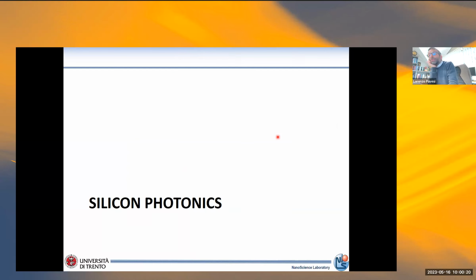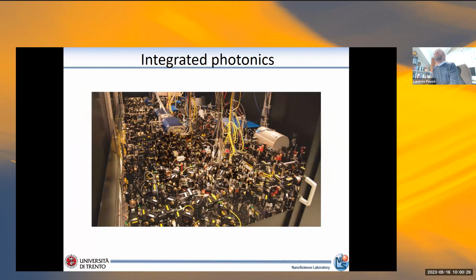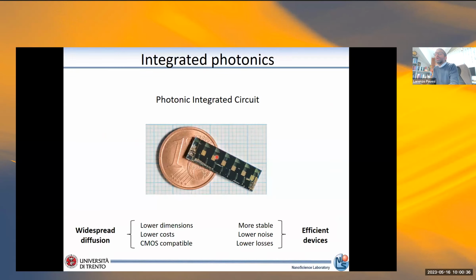By using silicon photonics, what we essentially aim to do is to have a full pack of different optical components squeezed down into a very small integrated photonic circuit. The reason is that in this way we can make much more efficient devices, because we no longer have issues about alignment, instability, noise, and coupling loss between the different macroscopic devices.